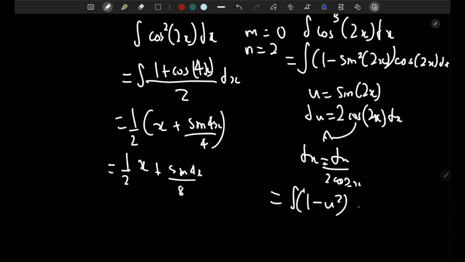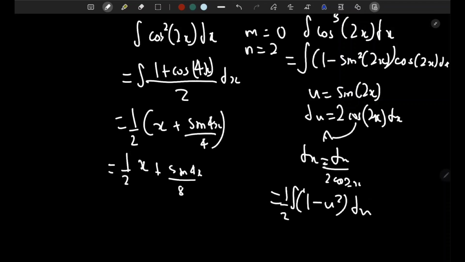into, this is going to cancel out now, and we will have a half left, so I'm going to take it outside. And if you guys don't see that, I can write it right now. So we had cosine 2x and then dx, and dx is du over 2 cosine 2x. This cancelled out here. We can take the 2 outside here and be left with du over here only. So half is here.